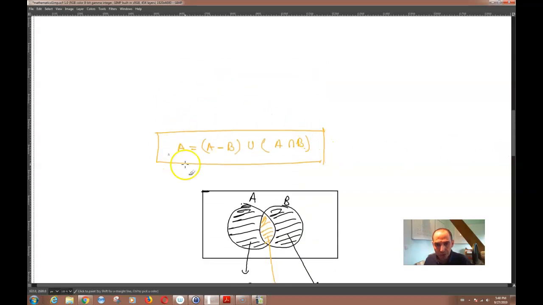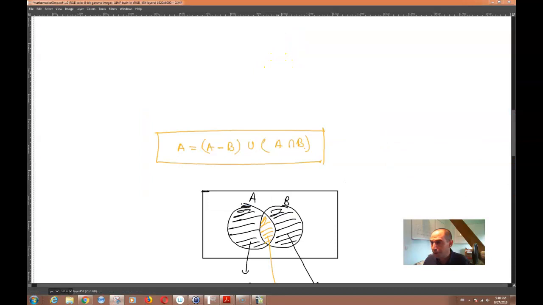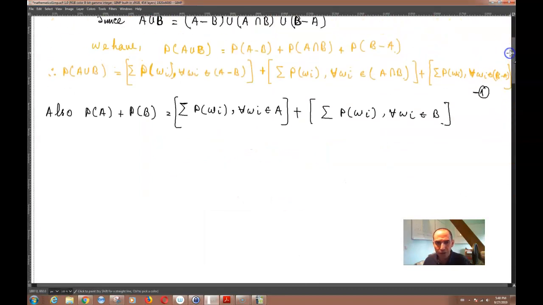So I can use the same logic over here. Make a screenshot here. So I can use the same logic here, and instead of set A, I can write sigma of P of omega of I for all omega of I belonging to A minus B union with A intersection B, right?